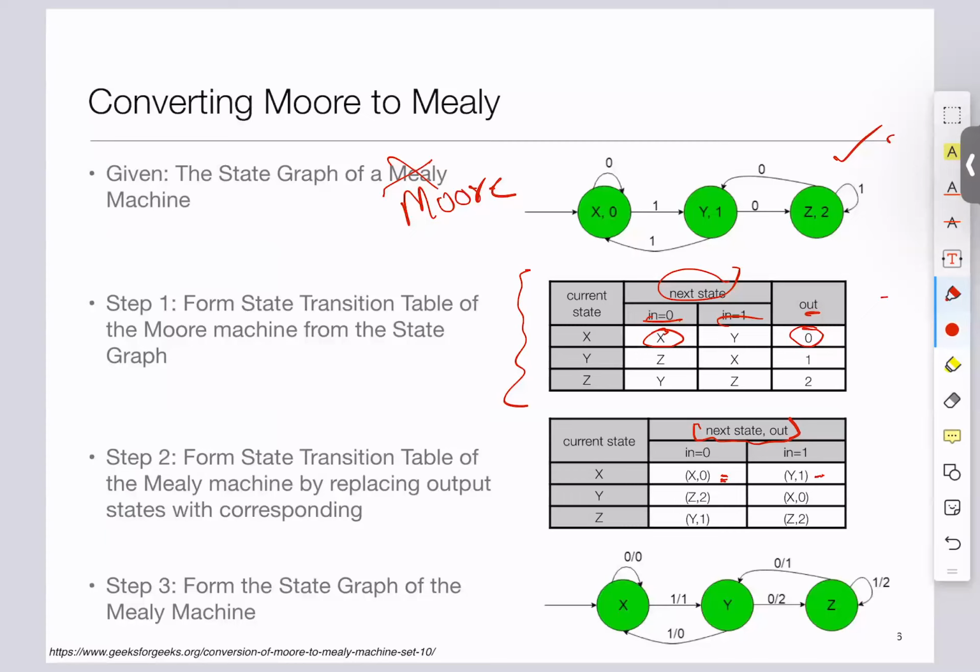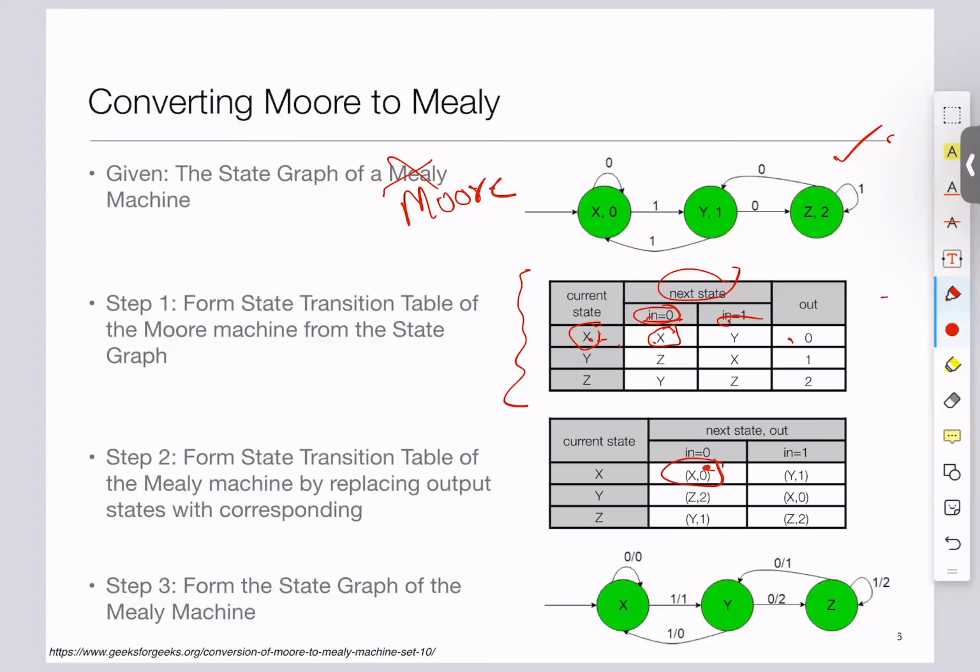Let's back up a little bit. Remember, in Mealy, the output depends on the current state and input. We look at the state X. If I'm here, in X, and the input is 0, the next state is X, and in that next state there would be some output. The output whenever we are in next state X is 0, so I put X comma 0.